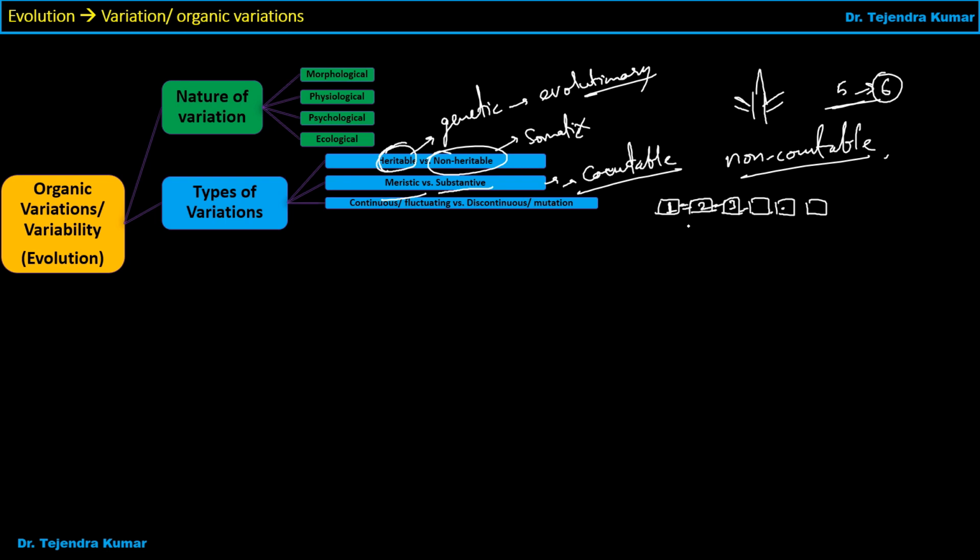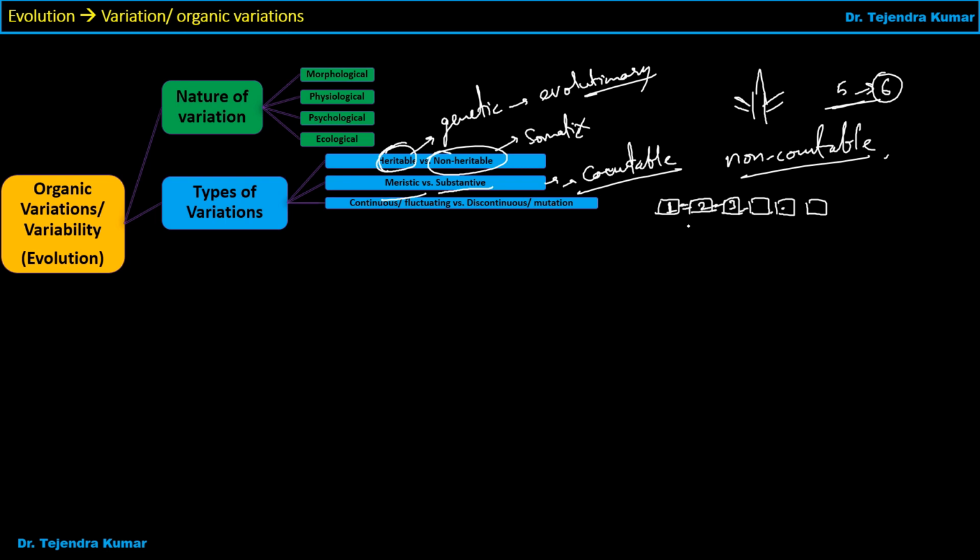They can be seen as minus and plus type of variations. Sometimes more than one character is controlled by the same gene, and many genes can control the same character, like polygenic inheritance.